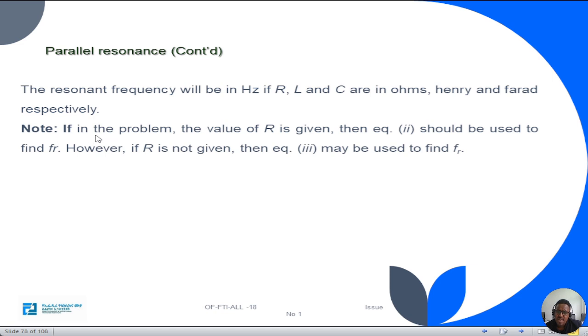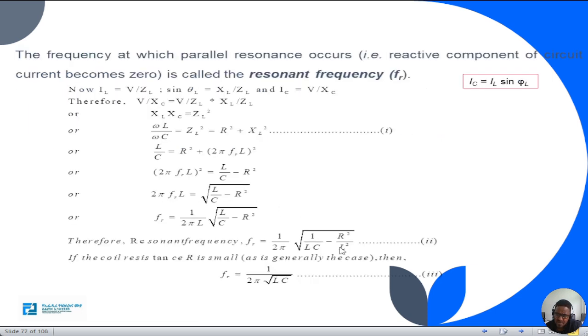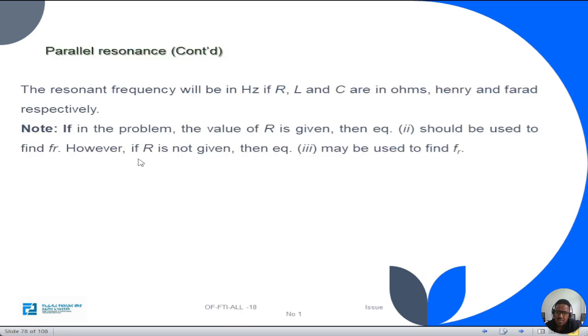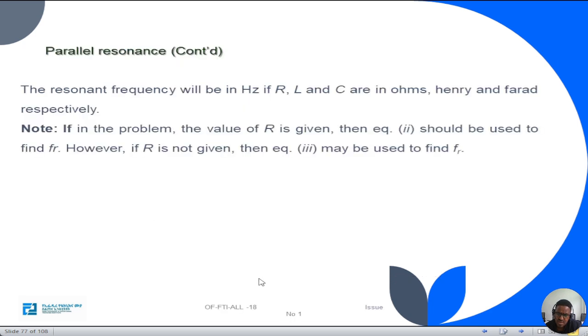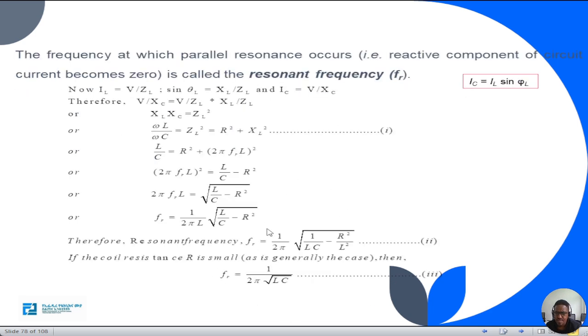Note, if in the problem the value of R is given, equation 2 should be used to find FR. However, if R is not given, then equation 3 may be used. If R is negligible, very small, we can use this equation.